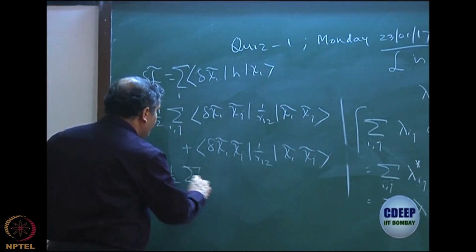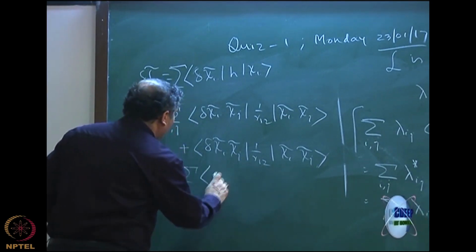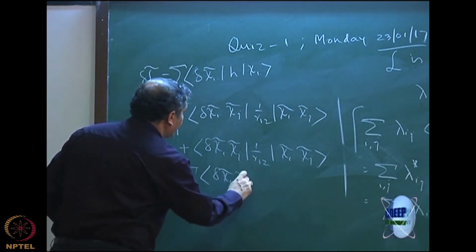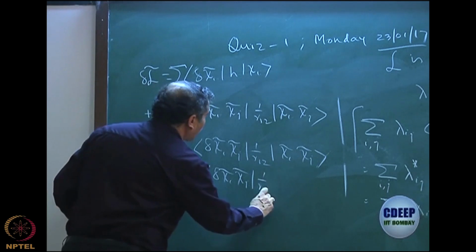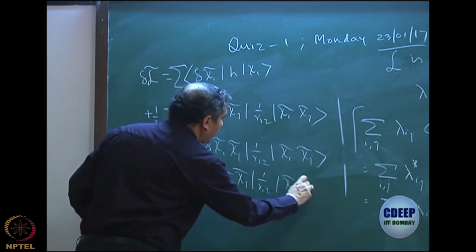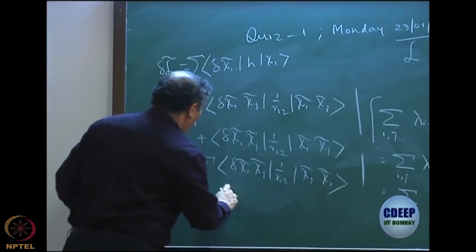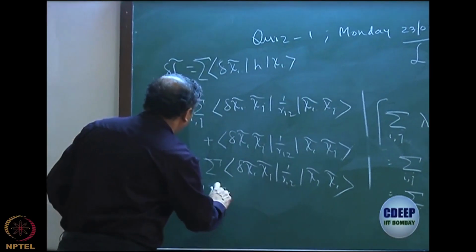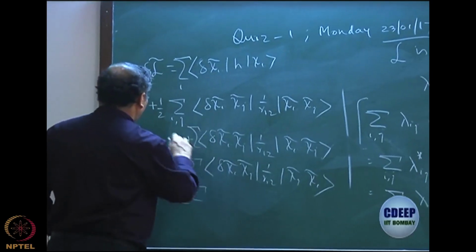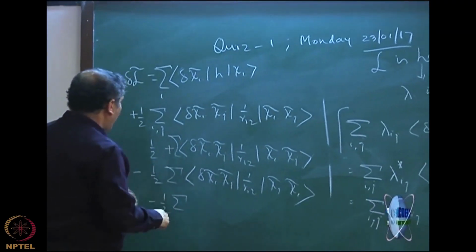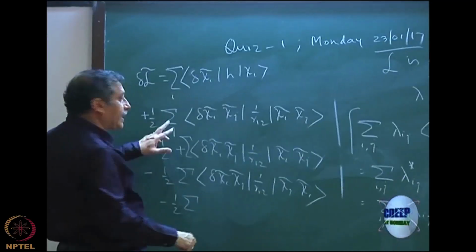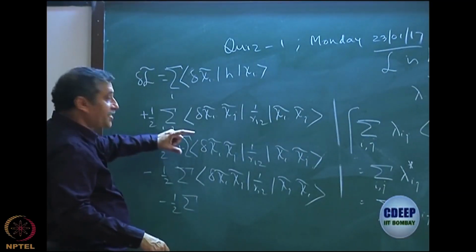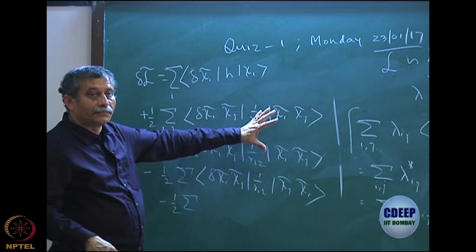And then I will have the exchange similarly. So you can write down the exchange as delta chi I tilde chi j tilde 1 by R12 chi j tilde chi I tilde, and then minus half. It's better to write each of them separately, because again I want to make sure that this interchange is possible only over the entire sum, not for each ij.